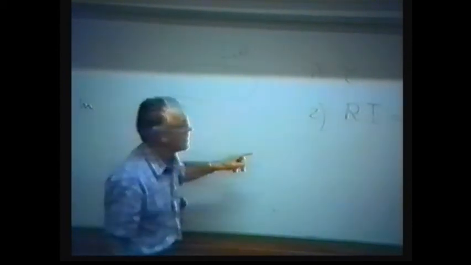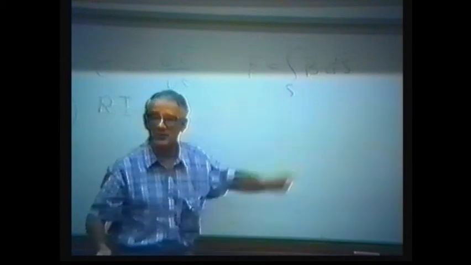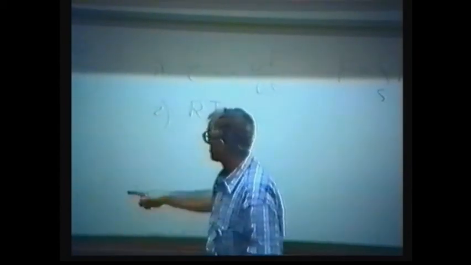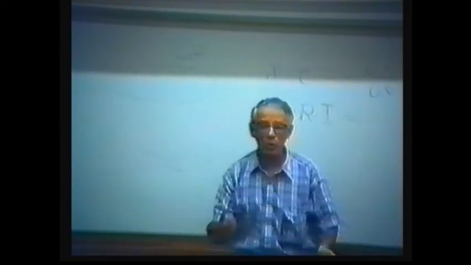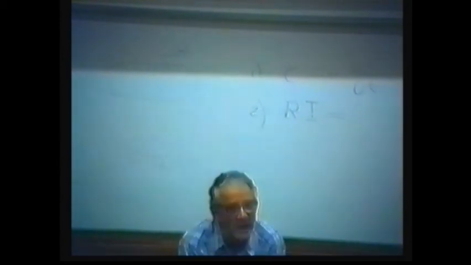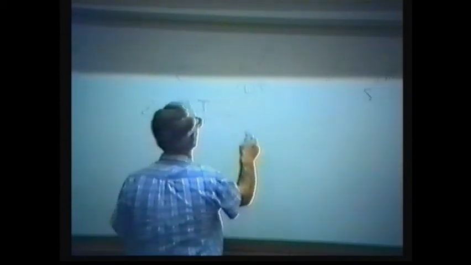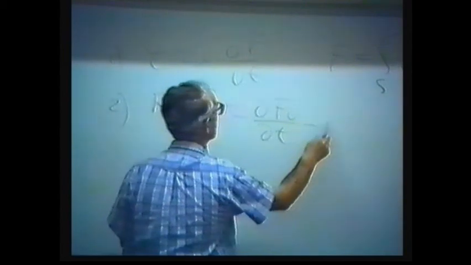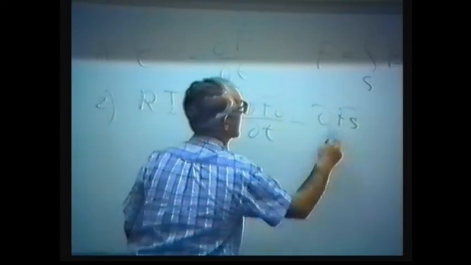Correct? But what creates this magnetic field? Current in the transmitter and current in the ring. So two magnetic fields, primary and secondary, and two fluxes. Minus dΦ primary over dt, minus dΦ secondary over dt.